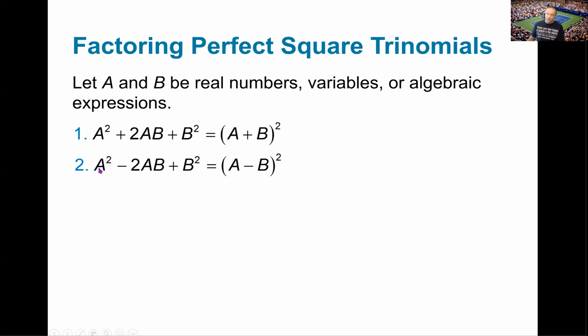If your first term is a perfect square and your last term is a perfect square, and the middle term is the negative of twice the square root of the first term times the square root of the last term, then it's going to be in the format of a minus b quantity squared.